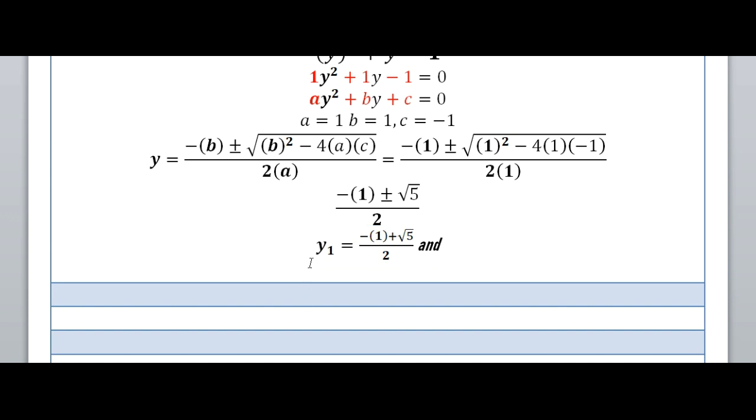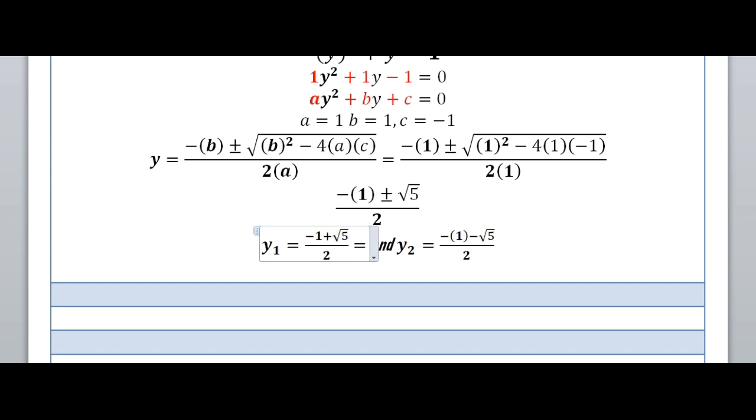The second solution of y will now be y2. Instead of the positive sign in the middle, we now have the negative sign. So -1 plus square root of 5 is the same as -1 plus root 5.